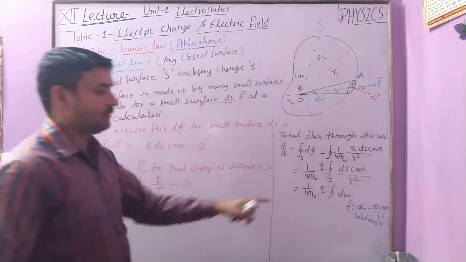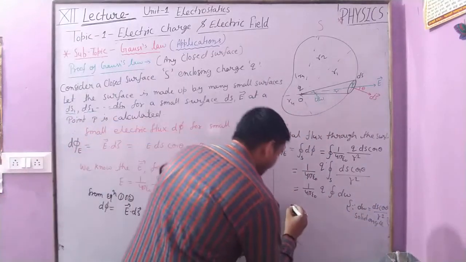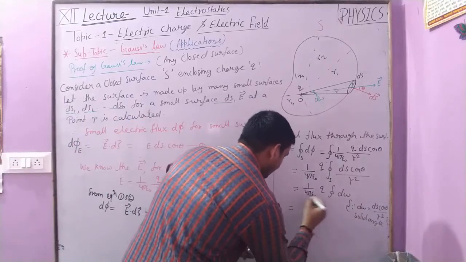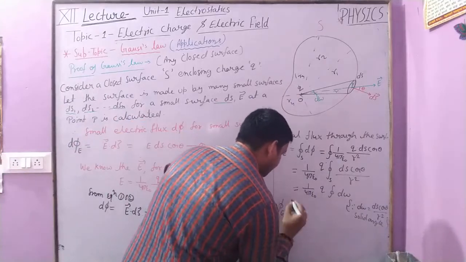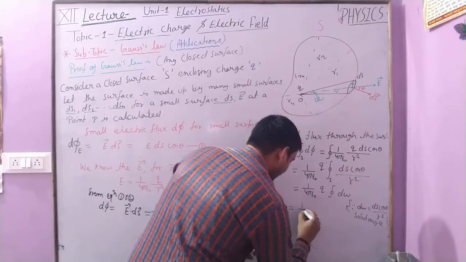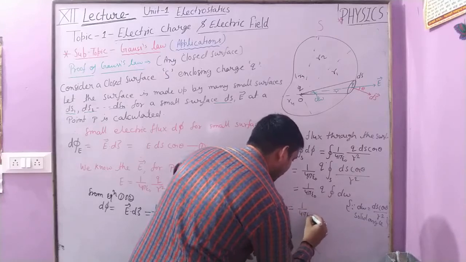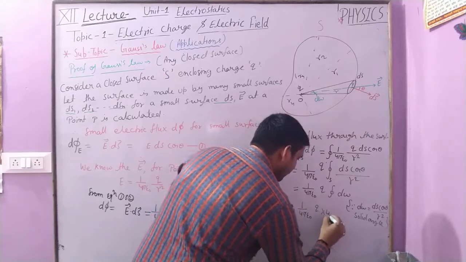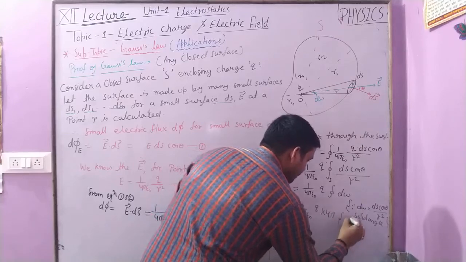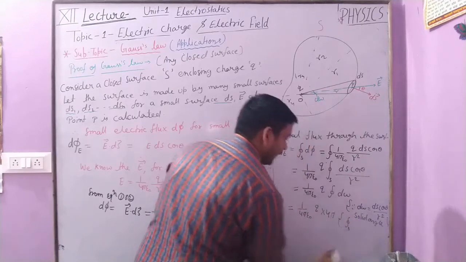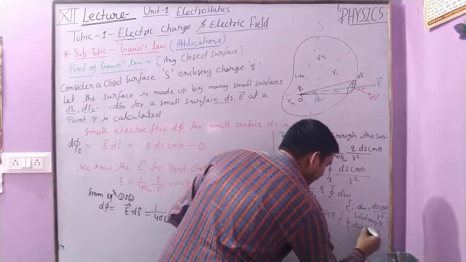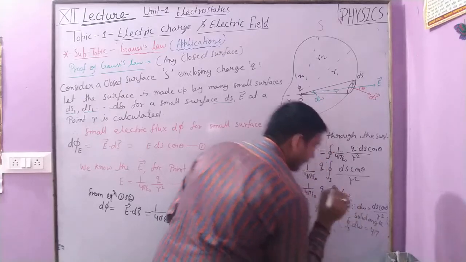Now in the next line we can use here that electric flux is equal to 1 upon 4 pi epsilon naught q into 4 pi, because the complete value of solid angle d omega is equal to 4 pi steradian.